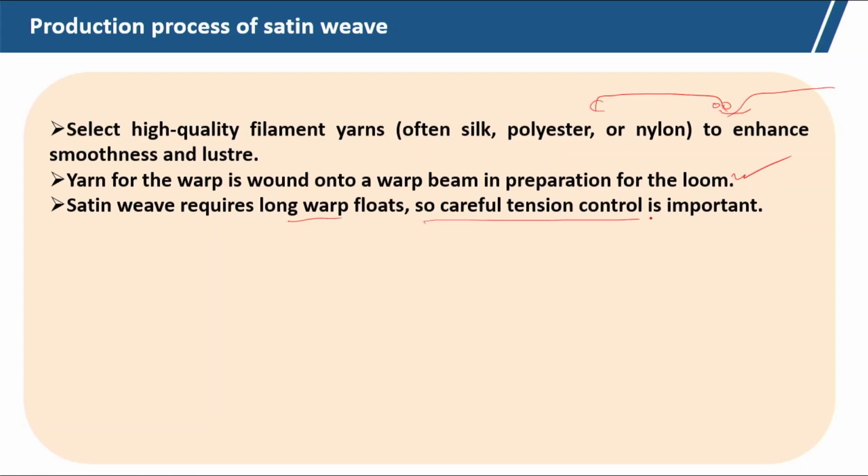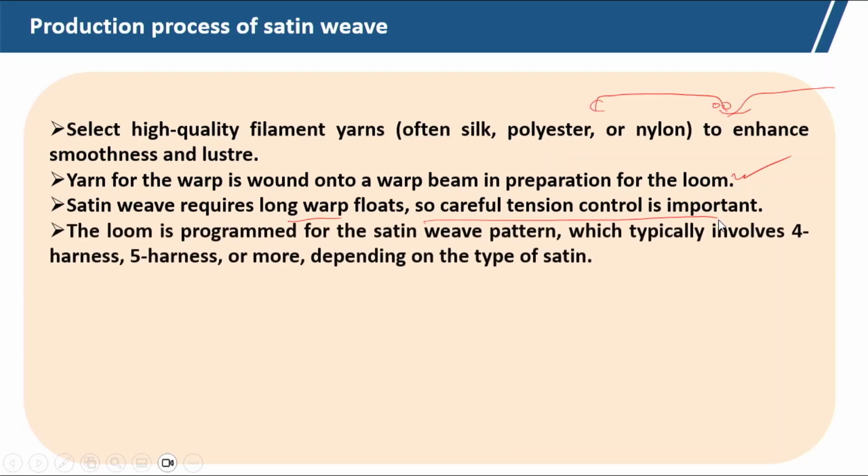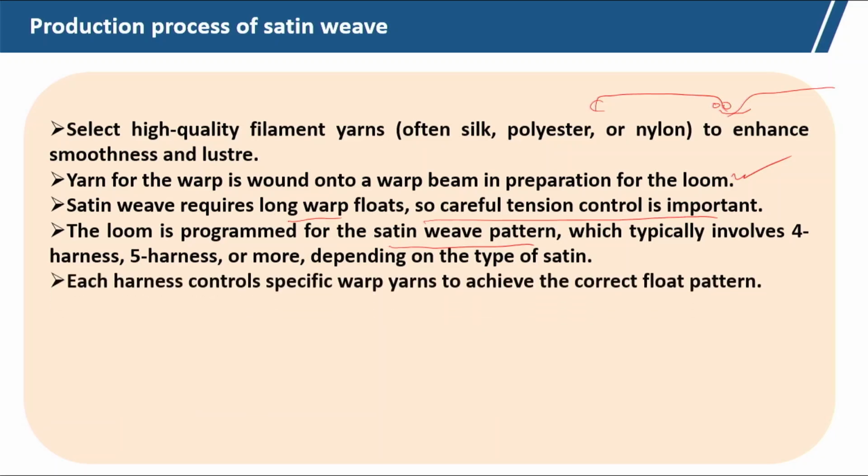Satin weave requires a long warp float, so careful tension control is important. The loom is programmed for the satin weave pattern, which typically involves 4 harnesses, 5 or more, depending on the type of satin. Each harness controls specific warp yarns to achieve the correct float pattern.